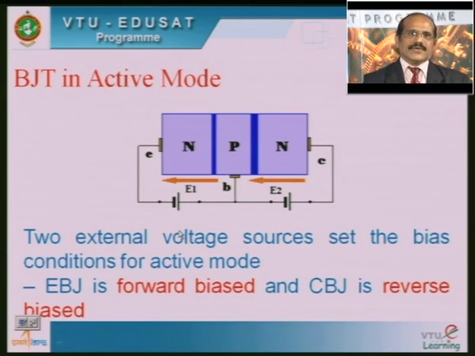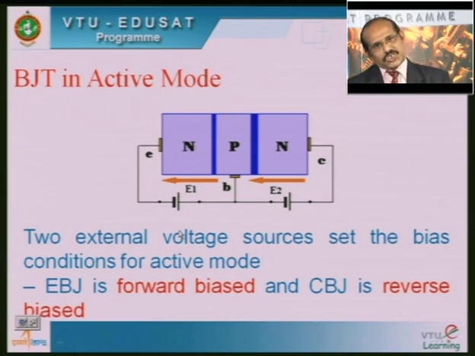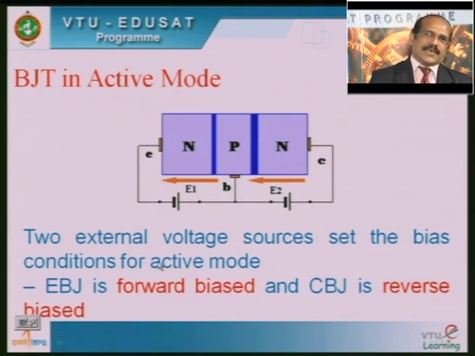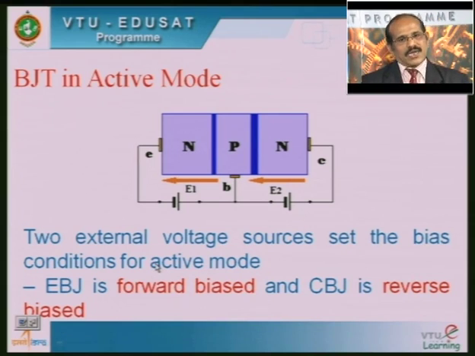The emitter base junction is forward bias, whereas the collector base junction, also called the output junction, is reverse bias. Since the EBJ, the emitter base junction, is forward bias and the CBJ, the collector base junction, is reverse bias, the transistor will be operating in the active mode. That is what you can see here.